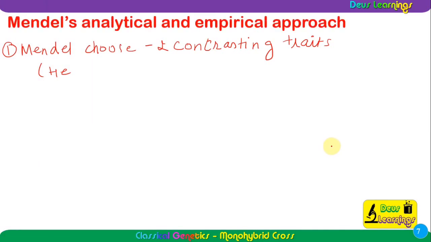Okay, then next is Mendel's analytical and empirical approach. The interesting fact is that Mendel chose 2 contrasting traits, right?